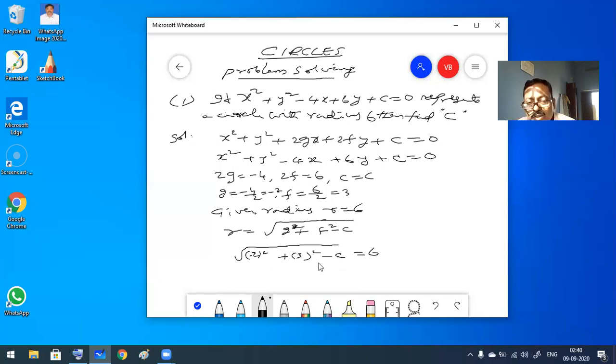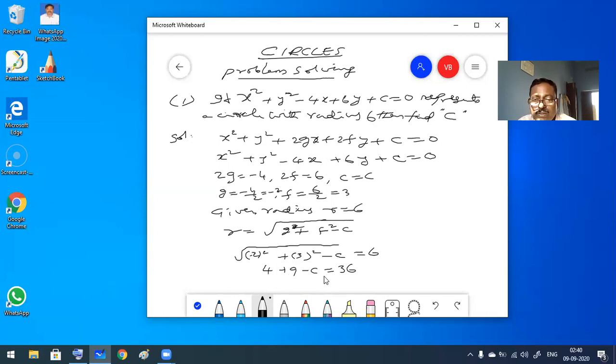Squaring on both sides we have 4 plus 9 minus c is equal to 36. 4 plus 9 is 13. So 13 minus c is equal to 36.